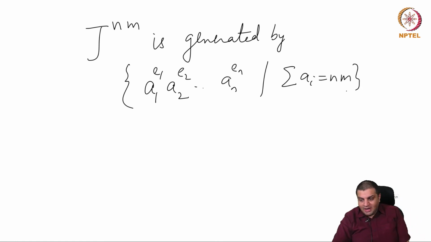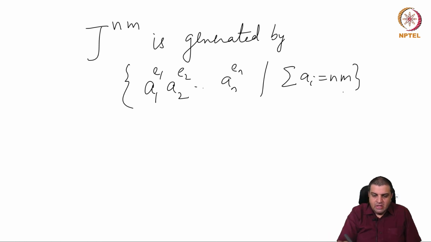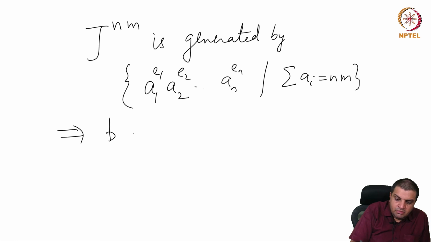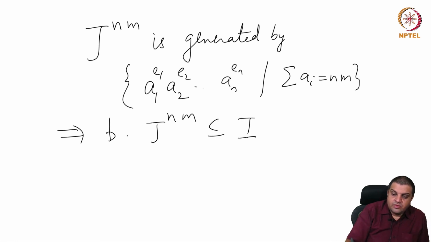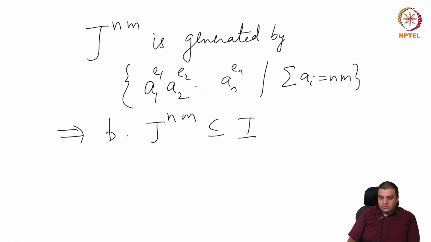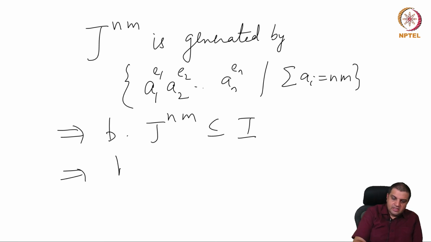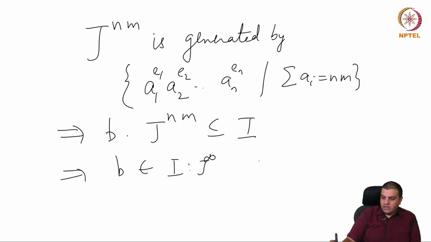Therefore, at least one exponent must be at least m. So this now implies that b times J to the nm is inside I, which now implies that b is in the J saturation of I. So, this is the other direction.